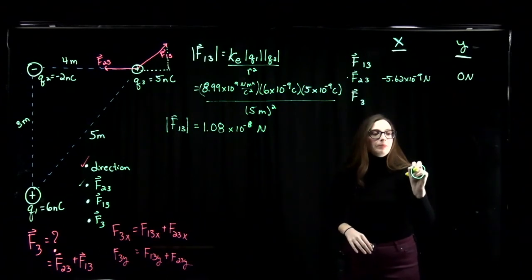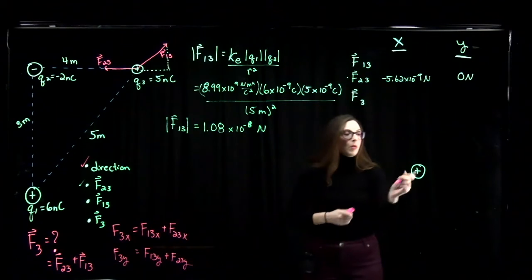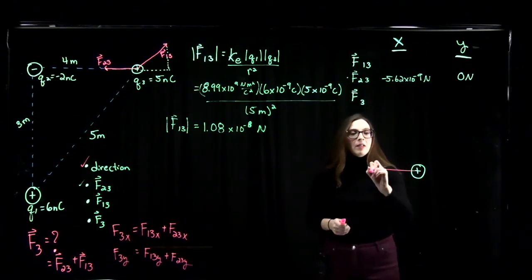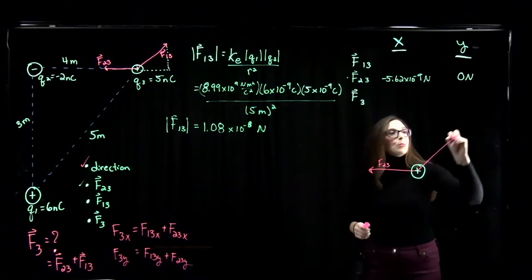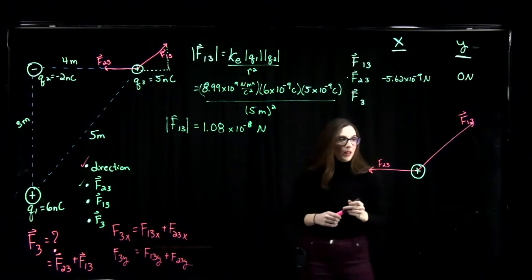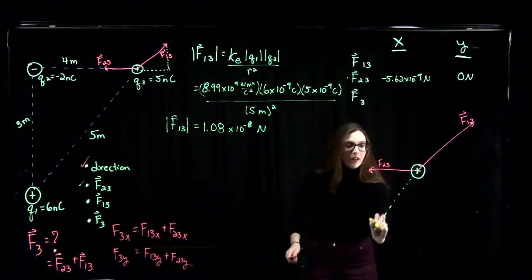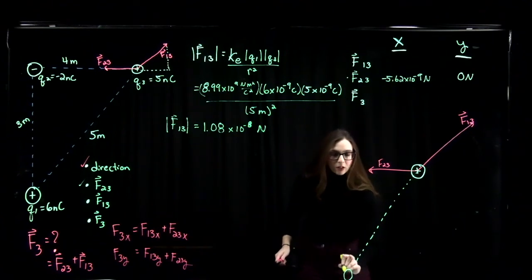So we've got my third charge, and I had my force pointing this way for F23, and I've got my force pointing off in this direction for F13. And way down here is where my other charge is, Q1.